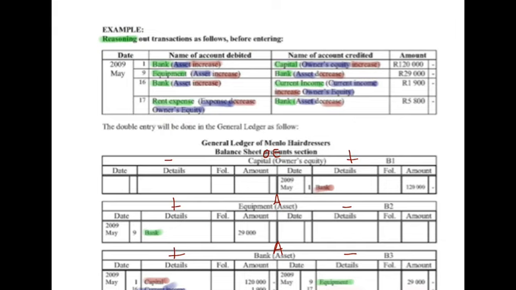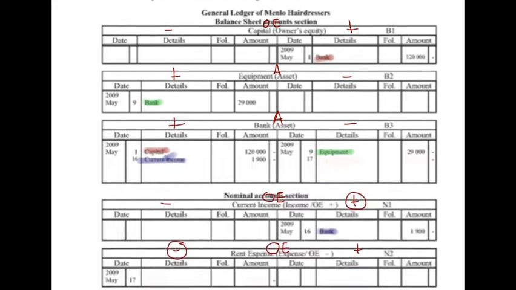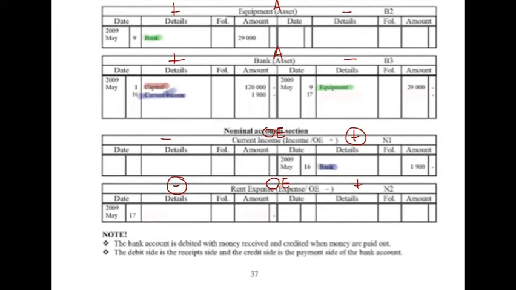So all expenses always go to the debit side of owner's equity, because that's the decreasing side. So in rent expense, I'm losing money. So my expense of 5,800 is going out of my owner's equity account. We're actually creating the expense for it, and the other account that I will use is going to be bank.